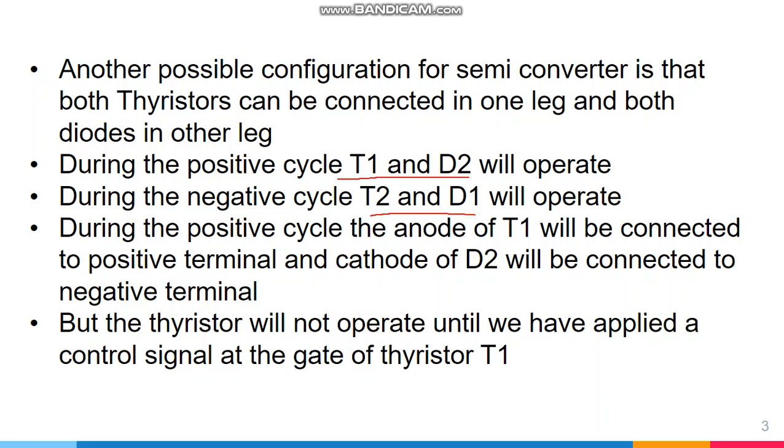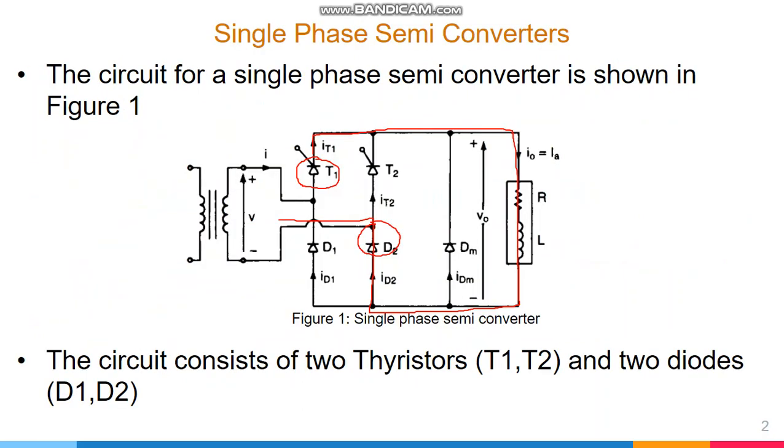During the positive cycle, the anode of T1 will be connected to the positive terminal and the cathode of D2 will be connected to the negative terminal. Here we have the positive in this polarity, where we have positive on this side and negative on this side. The positive terminal will be connected to the thyristor over here, and the negative will be connected to D2 over here.